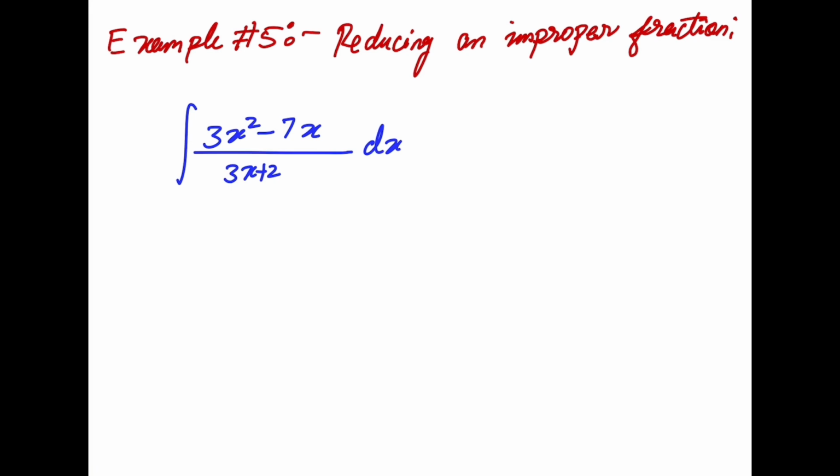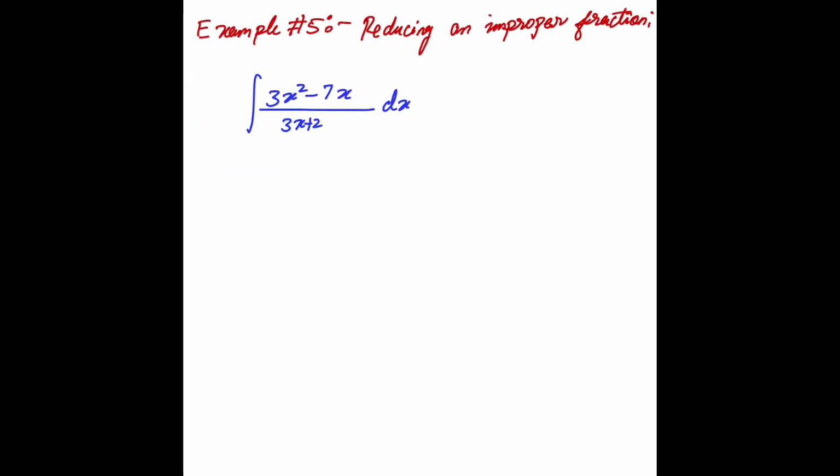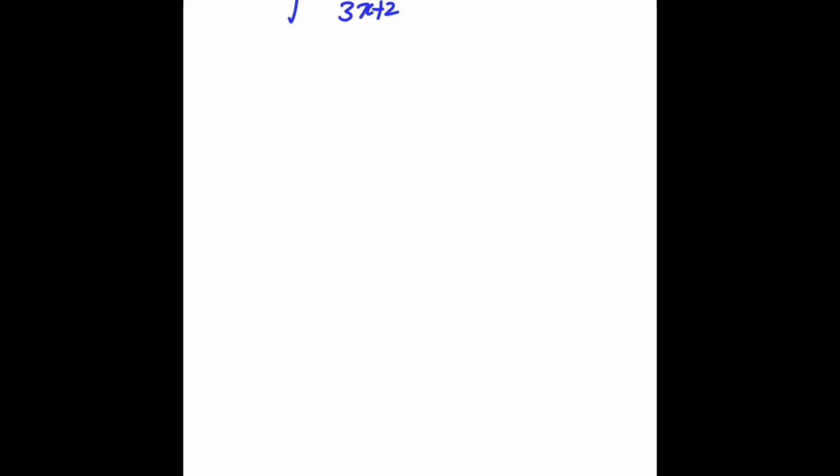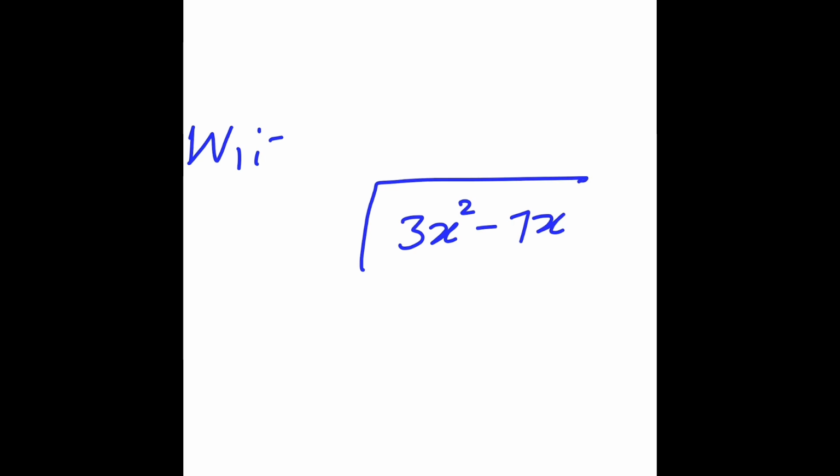So let's break it down step by step. First, we are going to be dividing the numerator by the denominator. Now let's perform its polynomial division separately. Three x squared minus 7x divided by 3x plus 2.